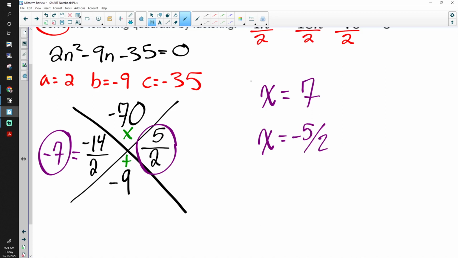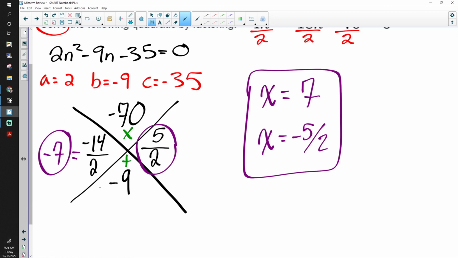That makes sense? Your x method, it's called the x method of factoring because the x method finds your factors for factored form. This P and Q are called factors. That's what we put in our parentheses, and then we would have factored form. Your solutions use what's called the zero product property, and all you need to remember is when you write your solutions, you take your P and Q value and you flip the sign. -7 becomes +7 to be a solution. 5/2 became -5/2 to become a solution.